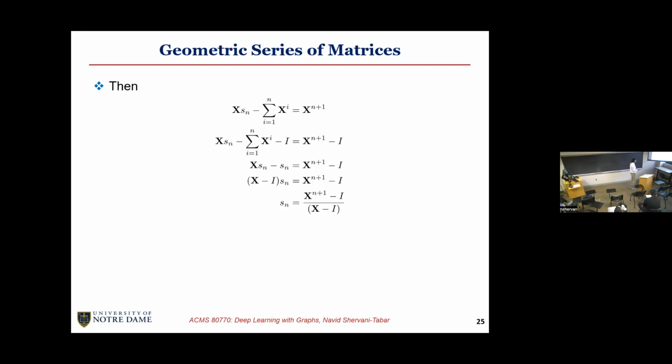So now we want to see what the solution is when n goes to infinity. If the largest eigenvalue of our matrix X is less than 1, then the solution is going to be I minus X inverse, right?